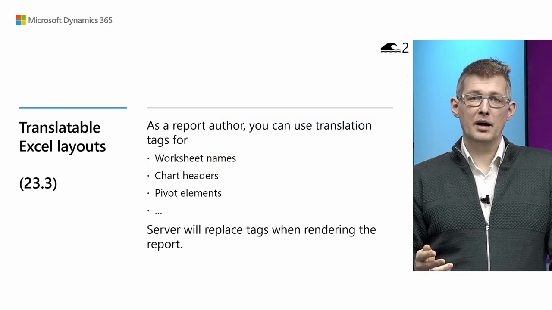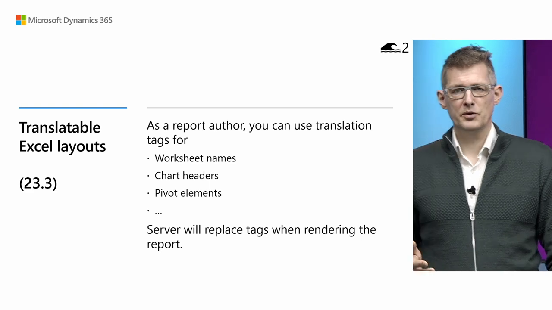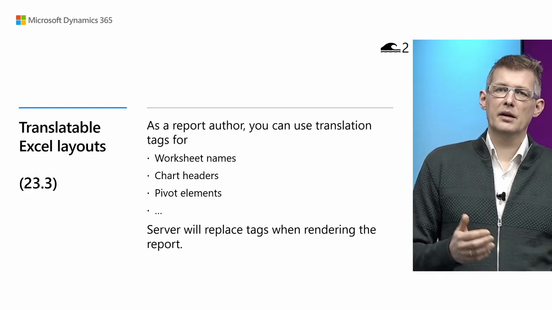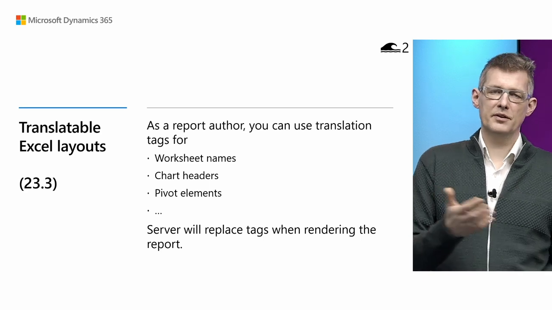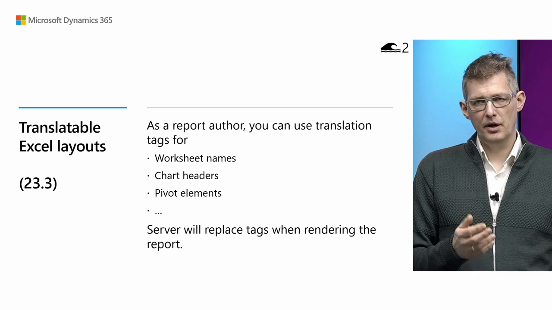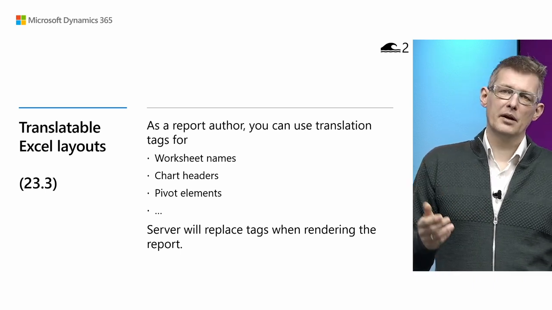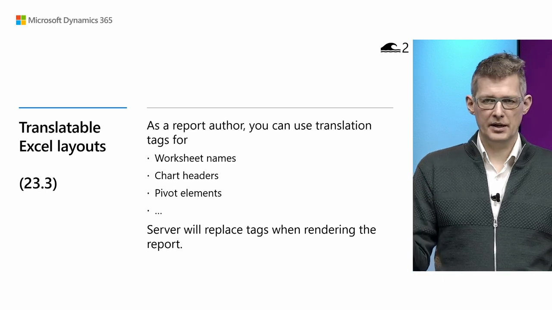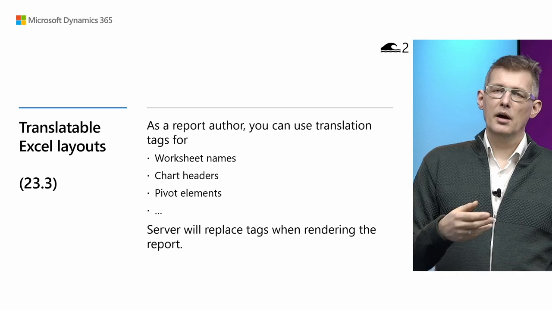Then the final part of this, the most important part, also in version 23.3, is that we added the ability to translate all of this at runtime. So as a report author, you can now use translation tags, or $$, for worksheet names, for chart headers, for pivot elements, slicer headers, and so on.